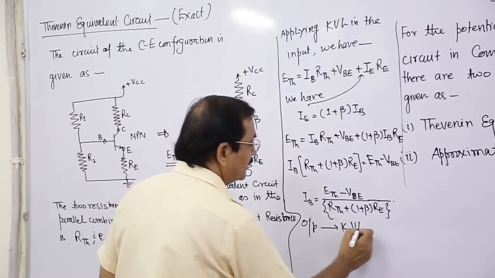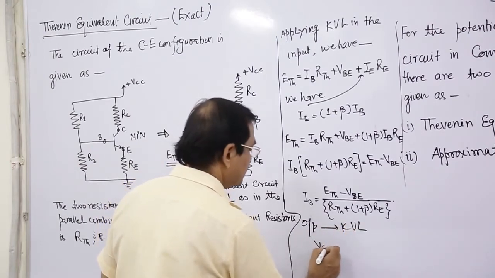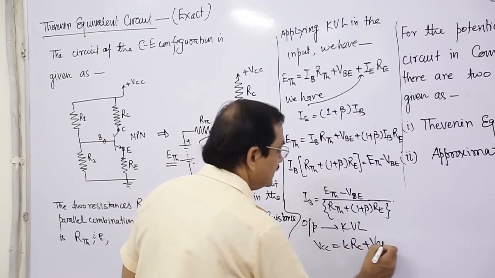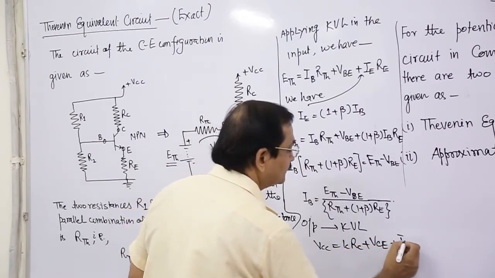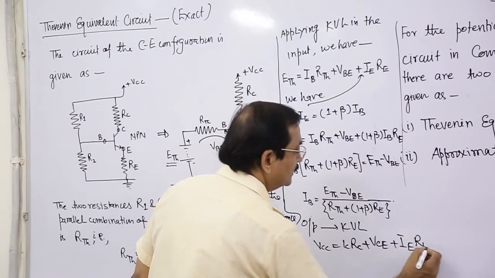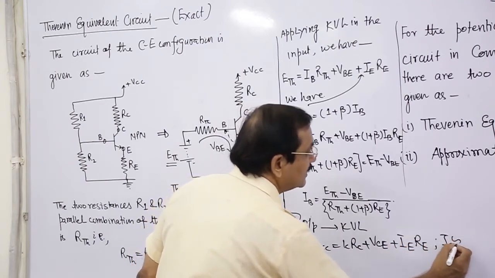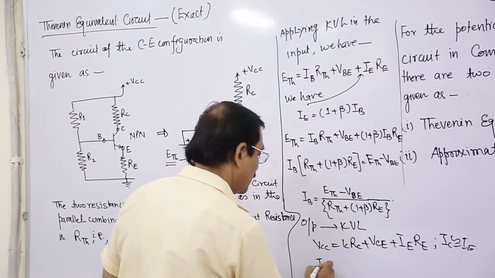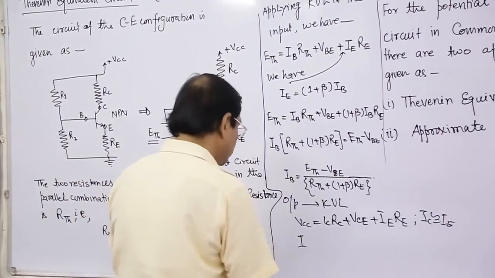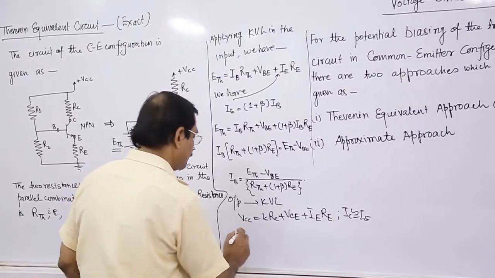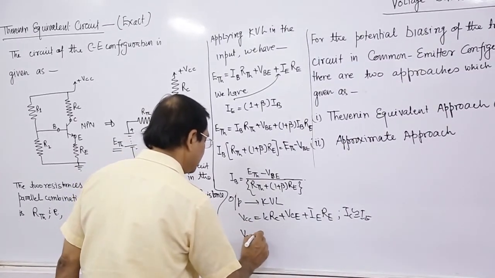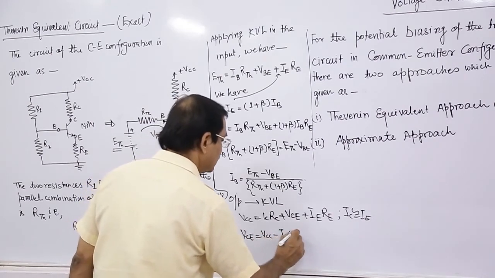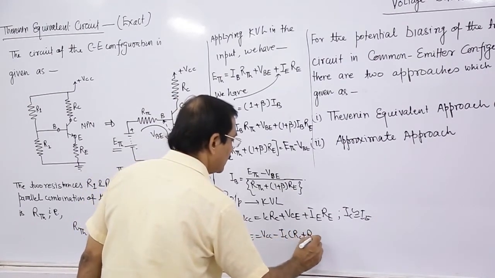we have KVL as VCC is equal to IC RC plus VCE plus IE RE. Since IC is approximately equal to IE, therefore VCE is equal to VCC minus IC into RC plus RE.